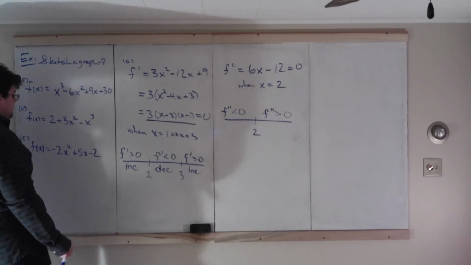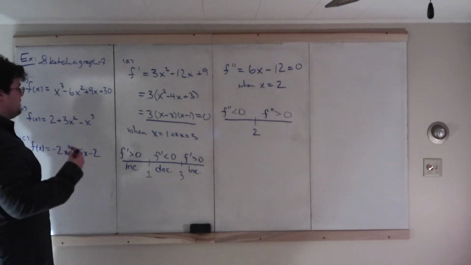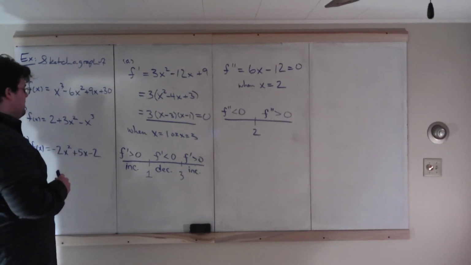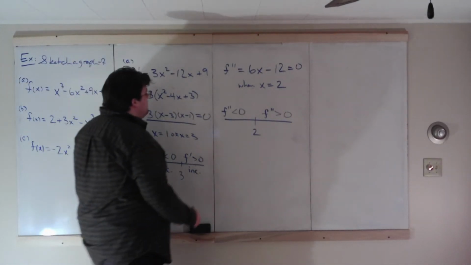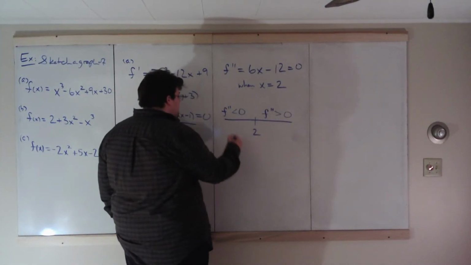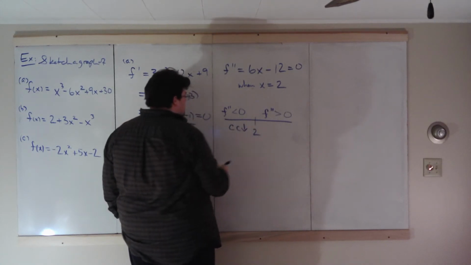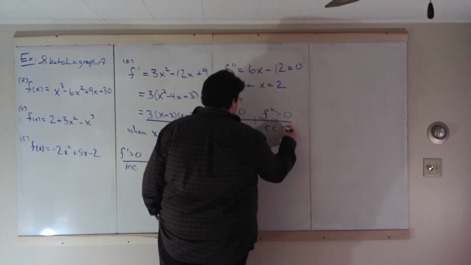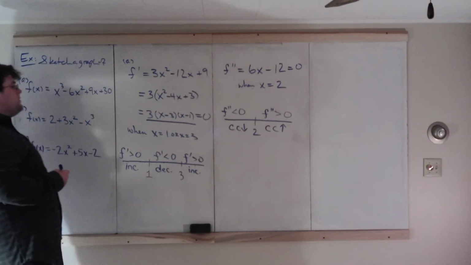I'm really debating if I should say f increasing, f decreasing. I think once we actually do a sketch of the graph, it'll make sense without putting f there. Same thing with concavity. The second derivative is negative, tells us the function is concave down. The second derivative is positive, tells us the original function is concave up.